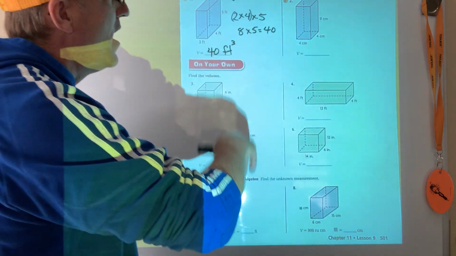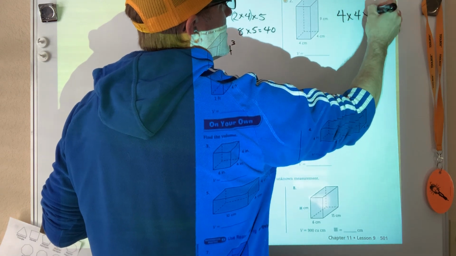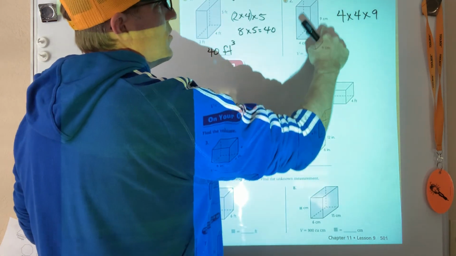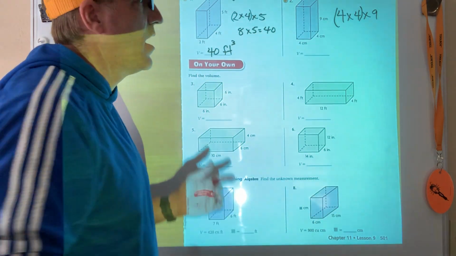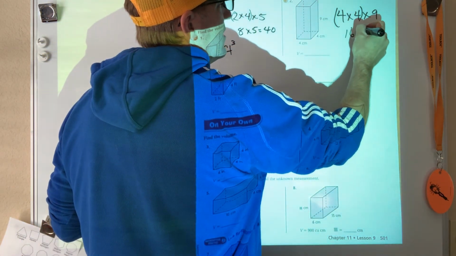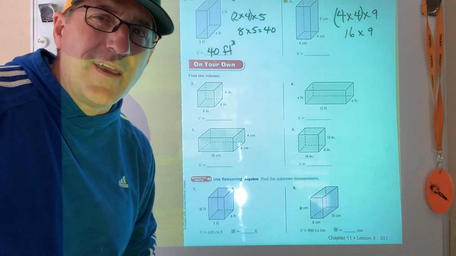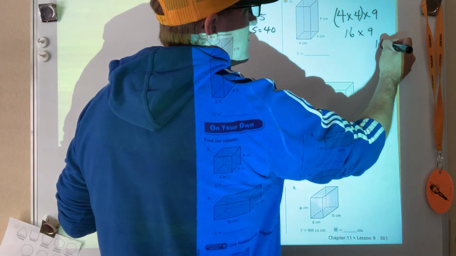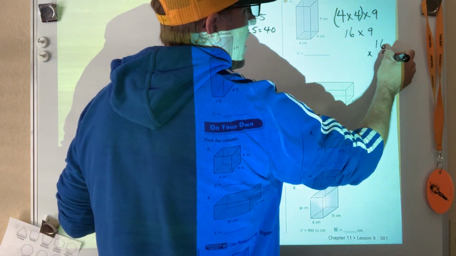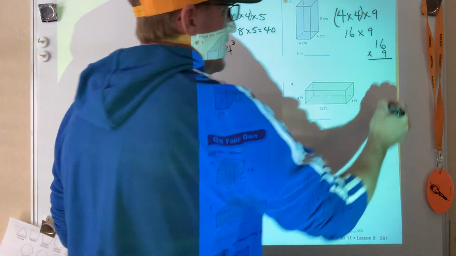All right, next one, I've got 4 times 4 times 9. I'm going to go ahead and just do 4 times 4 first. That gives me 16 times 9, which I could probably do in my head, but let's write it out when I get these numbers larger than 12. 16 times 9. 9 times 6, 54.